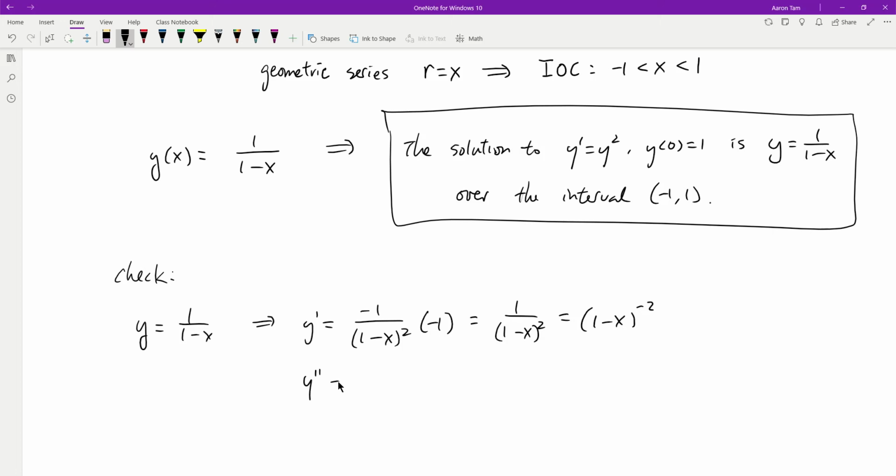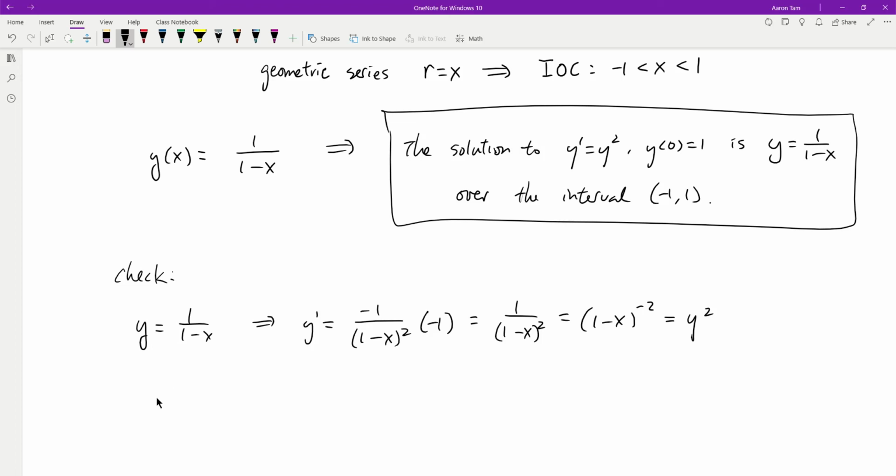Now if I do the double derivative, that becomes -2 times 1 minus x to the -3 multiplied by -1. Oh wait, I don't need the second derivative, sorry. So that definitely comes out to be y squared, because y is 1 minus x to the -1.